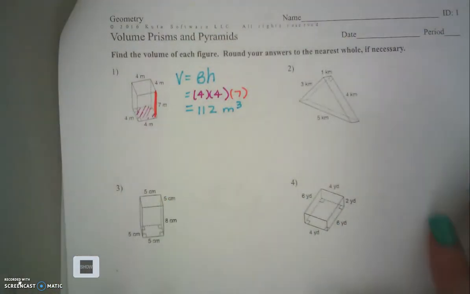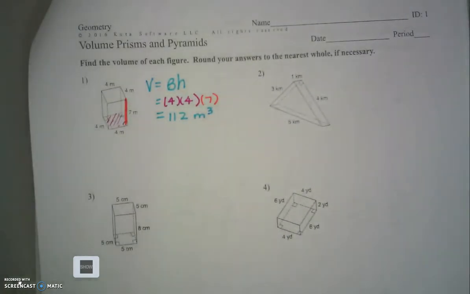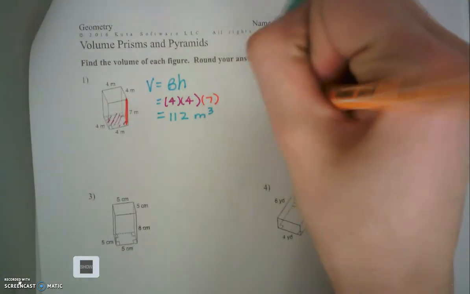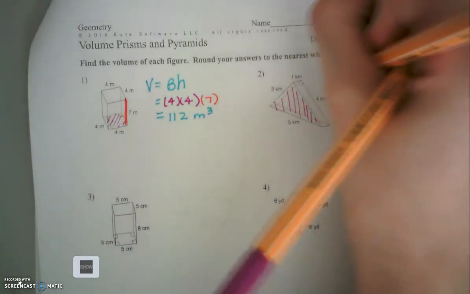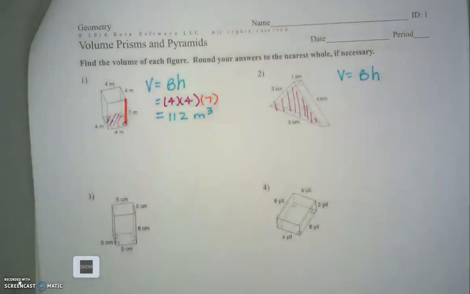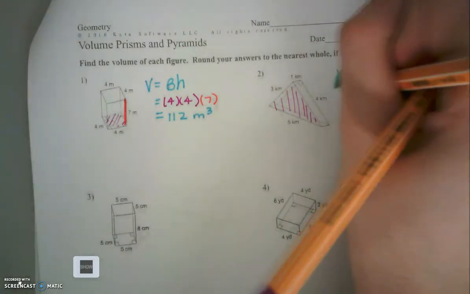Number 2, still a prism, but now my type of base has changed. So if I shade this portion in here, my volume is still the base times the height, and that's the area of the base.